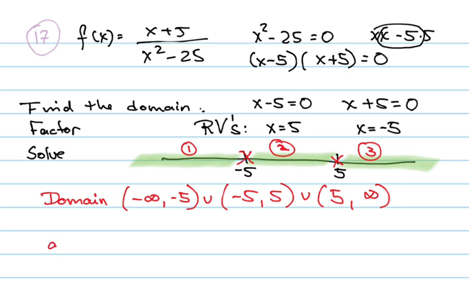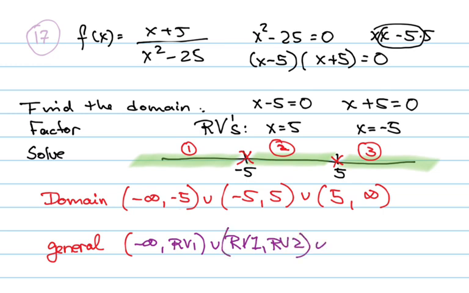The general form would be more or less -infinity to RV1 union RV1 to RV2 and union RV2 to infinity.